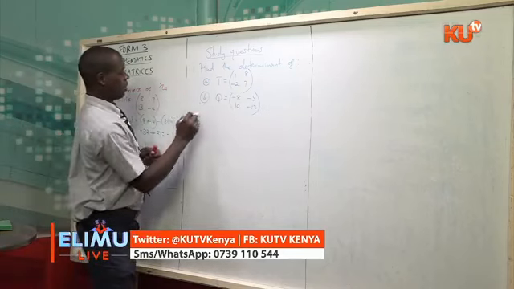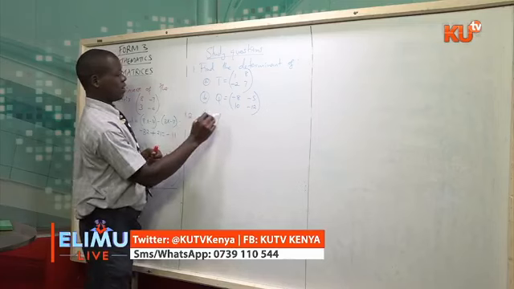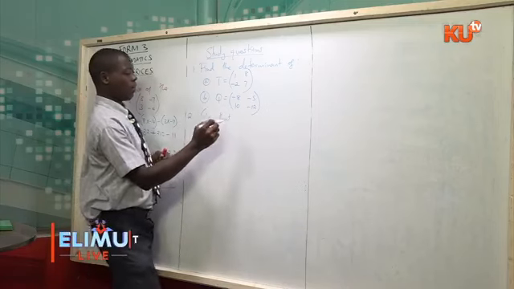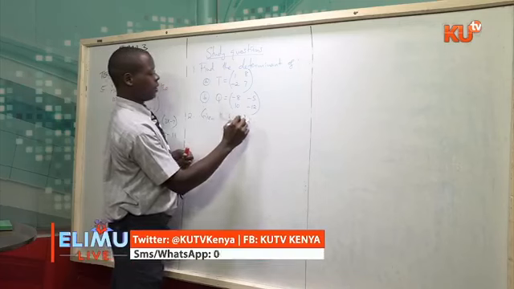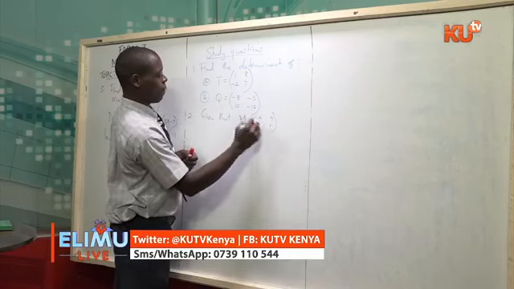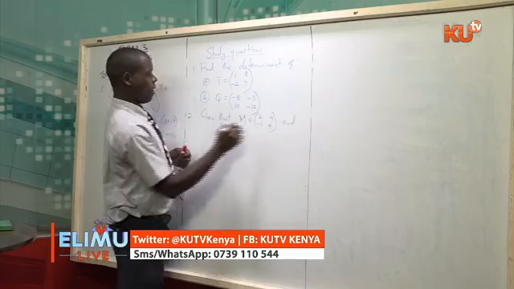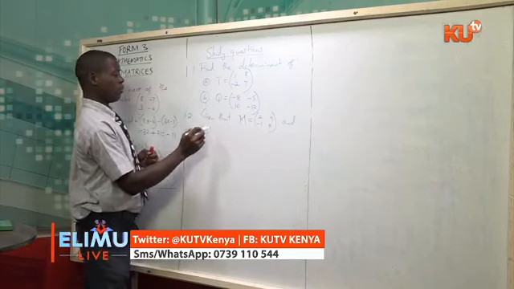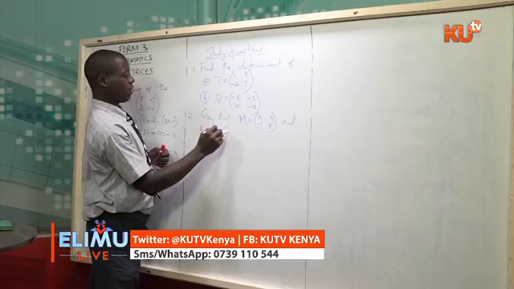Number 2, this is what you'll attempt. Given that M is equal to 2, 9, negative 1, 4, and N is equal to negative 1, negative 7, 3, negative 6.